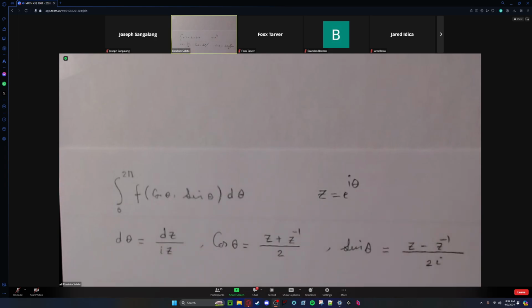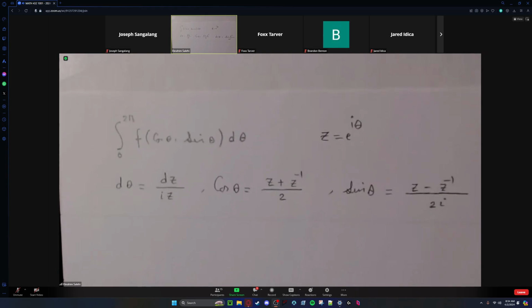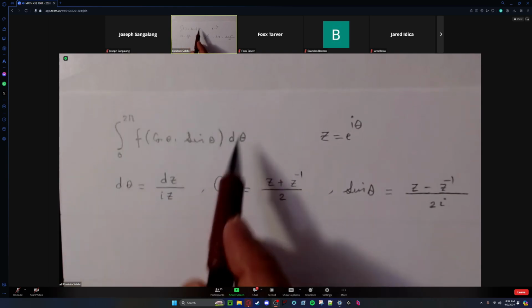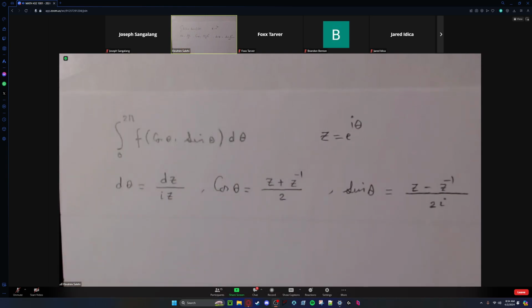By this change of variable, we converted this integral into a complex integration over the unit circle, and then use the residue theorem to find the value of the integral.